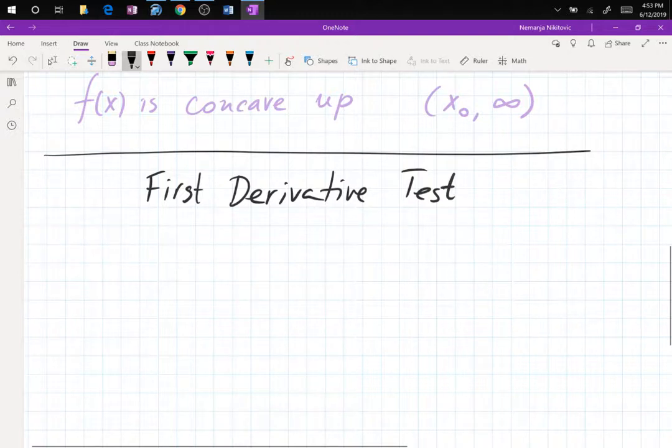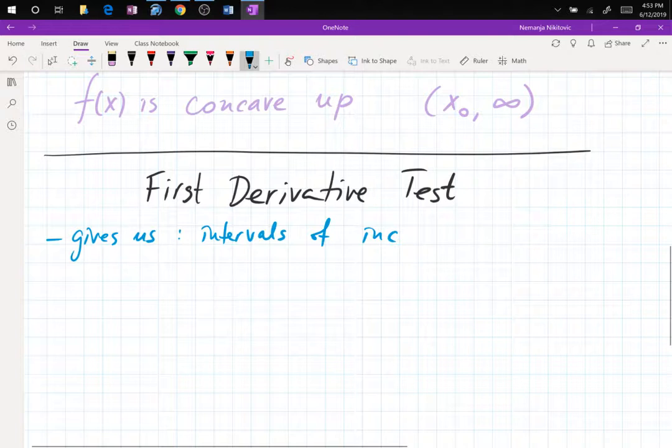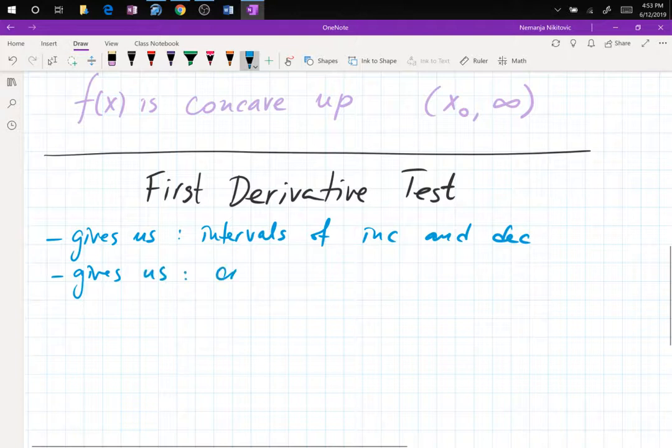Now, the first derivative test gives us intervals of increase and decrease, gives us critical points which turn into min and max, and that's that.